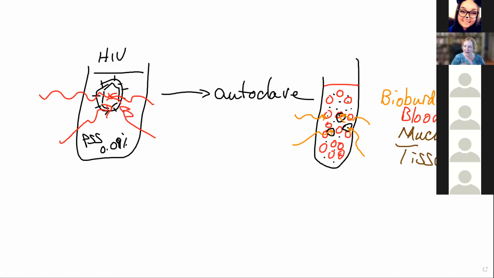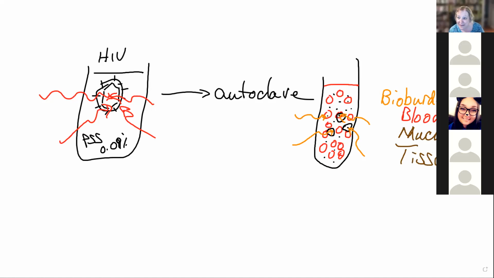If I have taken a biopsy and I need to dispose of it, but I want to make sure it's sterile first, the tissue of the biopsy is definitely going to be bioburden. What if I have somebody with a stomach complaint? What are some of the symptoms that could be considered bioburden?